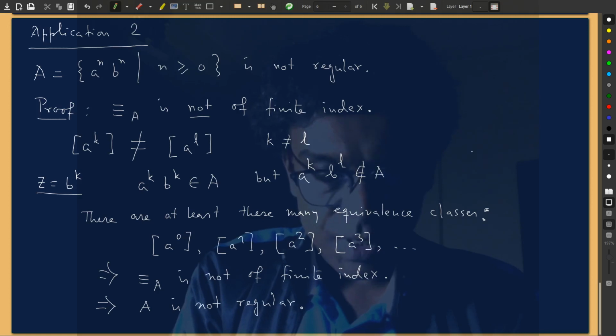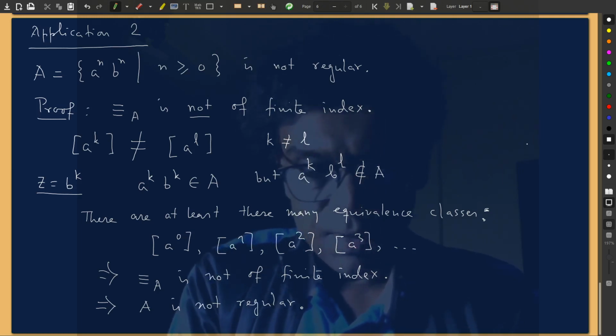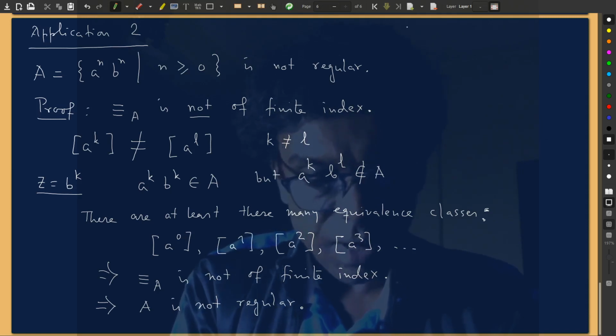Let me stop here. From next class onward, we will start our study on context-free languages. This still leaves us with many, I would say, interesting topics untouched.